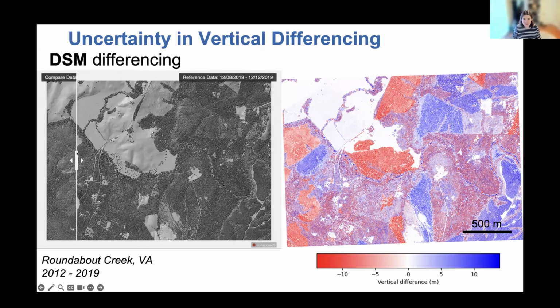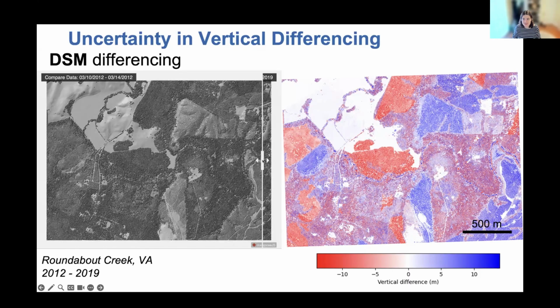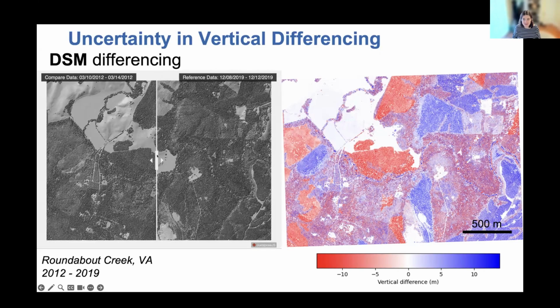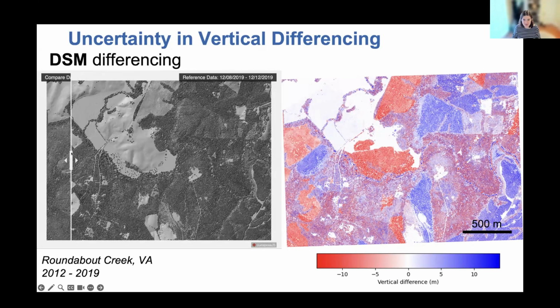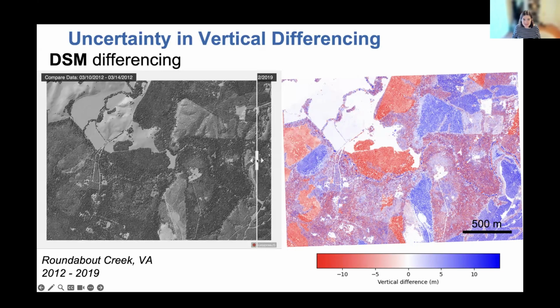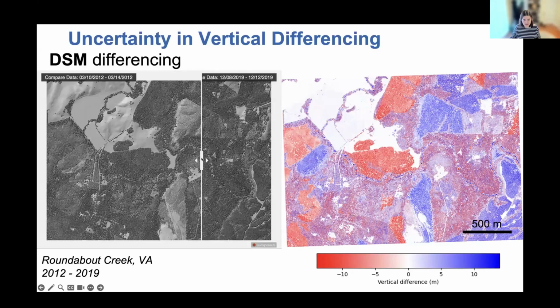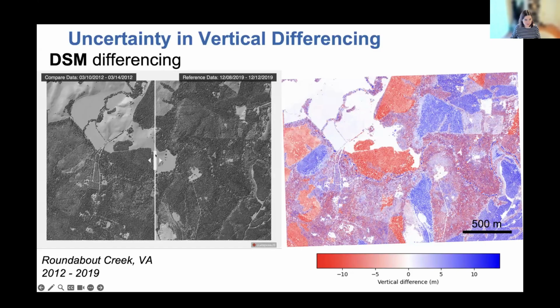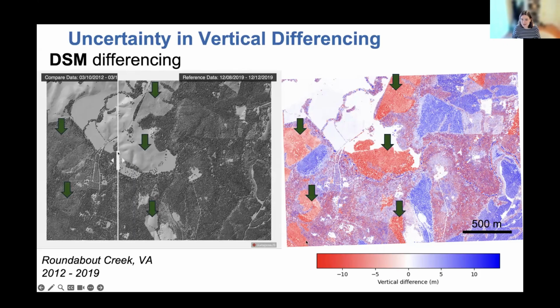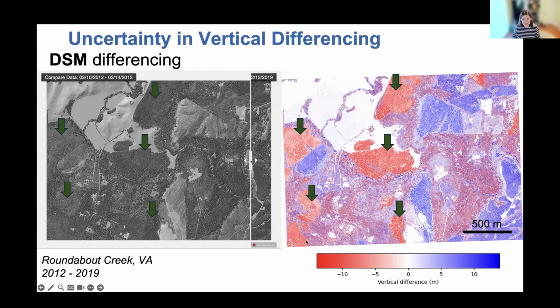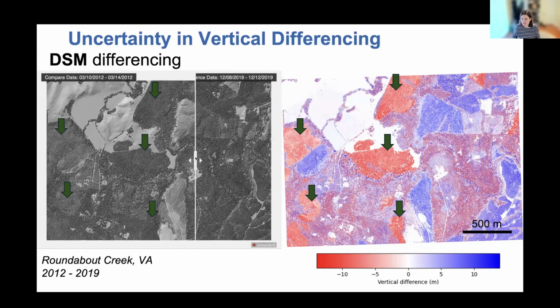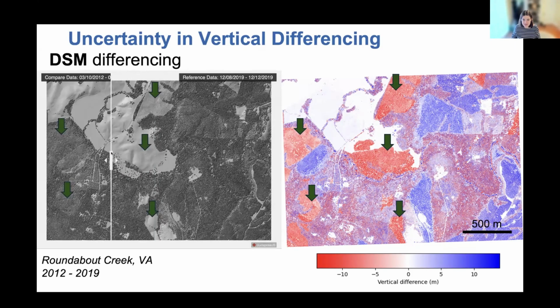So here I have an example of topographic differencing from Northeast Virginia between a data set from 2012 and one from 2019. What's being differenced here are the digital surface models, so the ones that include the vegetation and buildings, et cetera. We see areas in red where trees have been cut in between the two captures, and you can also tell that in the pan over with the hillshades.